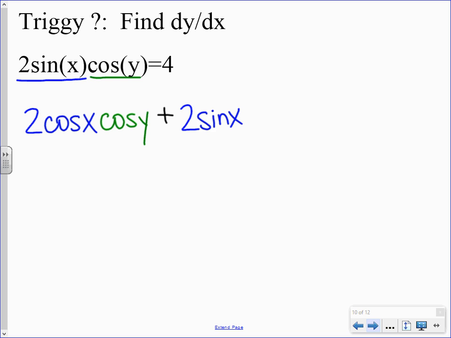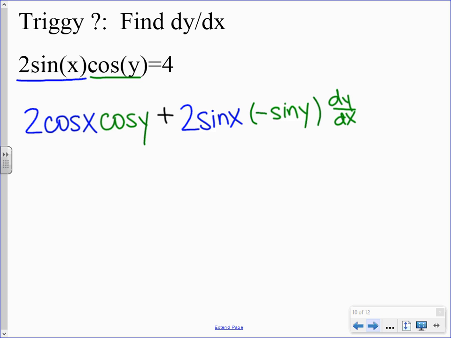What's the derivative of cosine y? Since y is inside of that, we have to apply the chain rule and multiply by dy/dx. Since we're taking the derivative with respect to x and y was inside, we apply the chain rule, dy/dx.